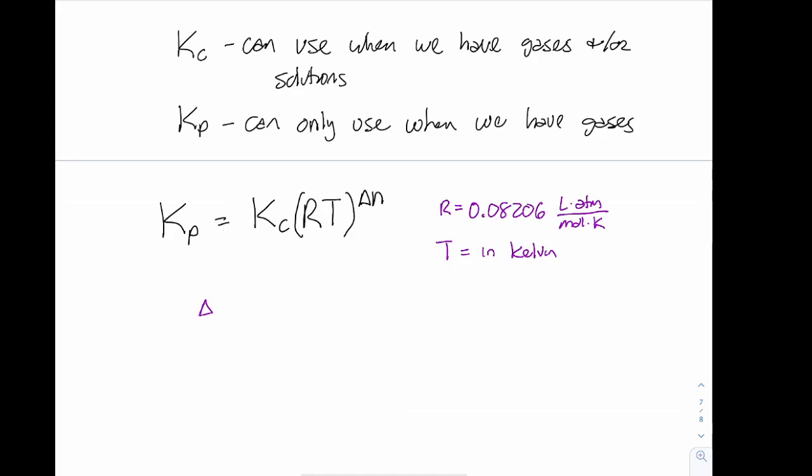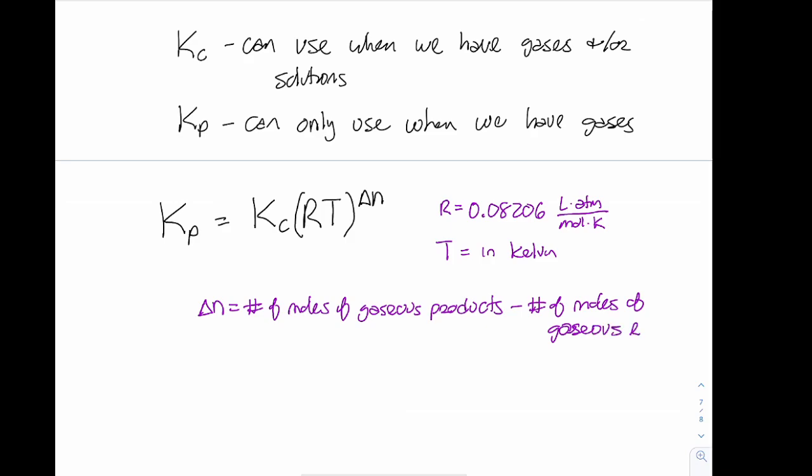And then delta N is going to be the number of moles of gaseous products minus the number of moles of gaseous reactants.